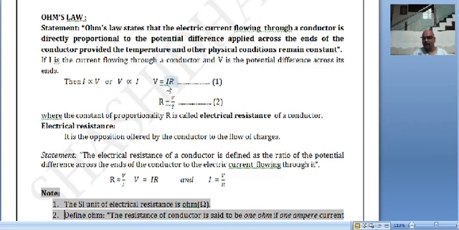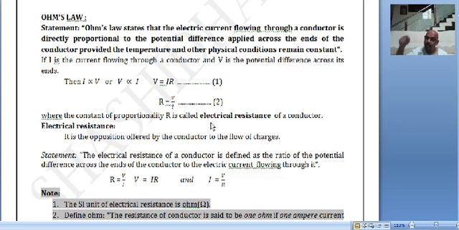Here R, the constant of proportionality, is called the electrical resistance of a conductor. And as I told you, electrical resistance of a conductor is the opposition offered by the conductor to the flow of charges. Why does the opposition occur?